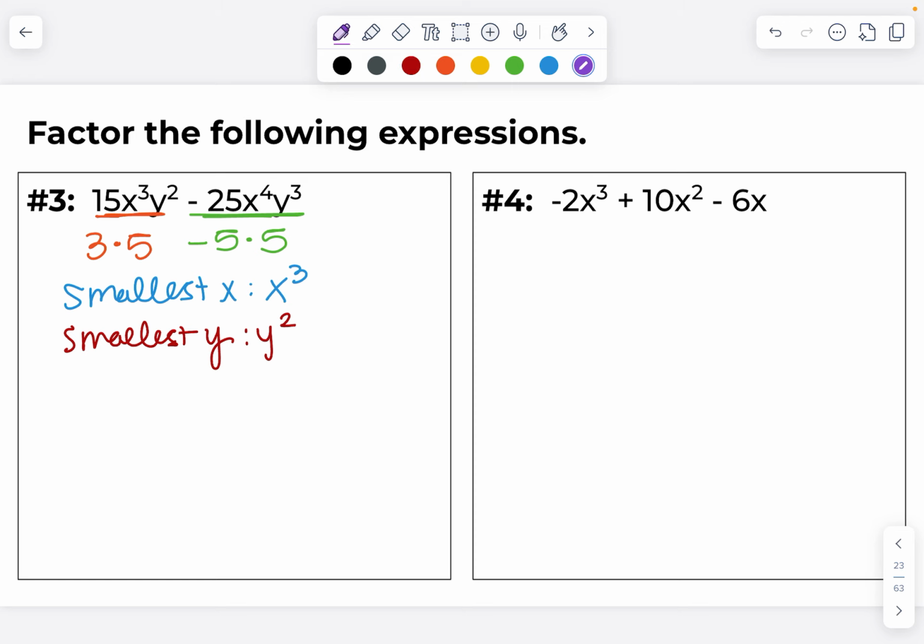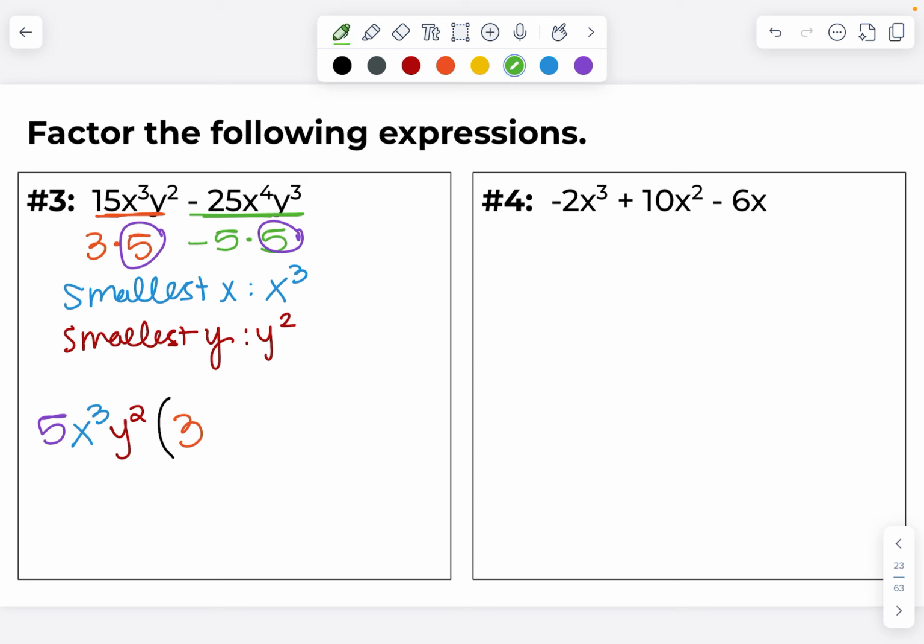So in terms of our GCF, it's going to be 5 x cubed y squared. So if I write it out, I get 5 x cubed y squared, and then what gets left behind here is a 3, and then nothing in terms of my exponents.